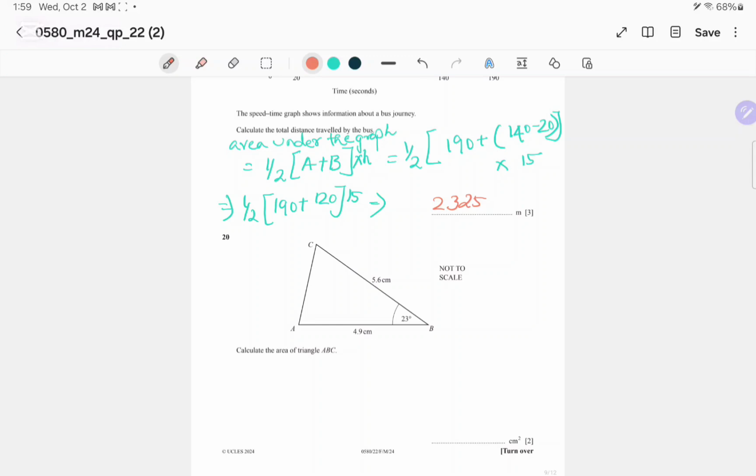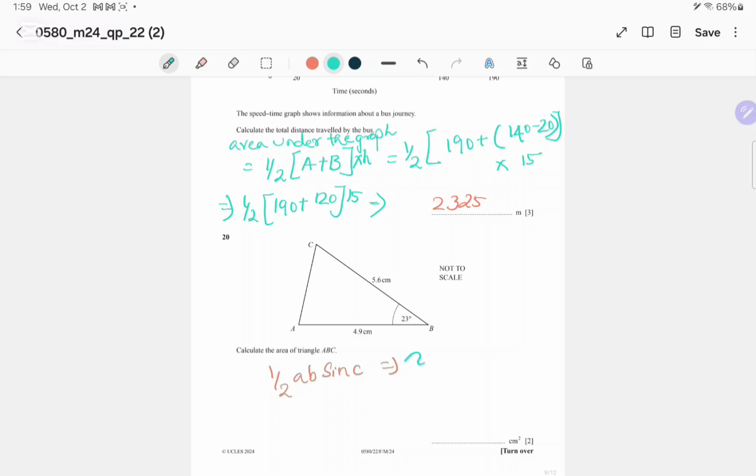Next question, it is 20th question. It's a triangle, area of the triangle we have to calculate. For this question, 2 sides are given and 1 angle is given. So what is the formula? It is half into ab sine C. Okay, so half into a is 4.9 into 5.6 into sine 23. Let me write it smaller so that it is easy for you to understand.